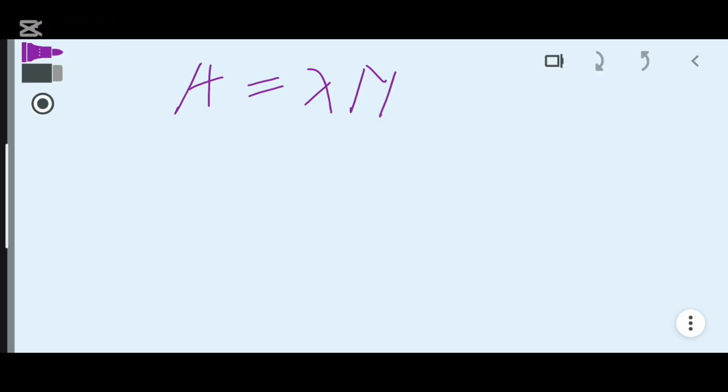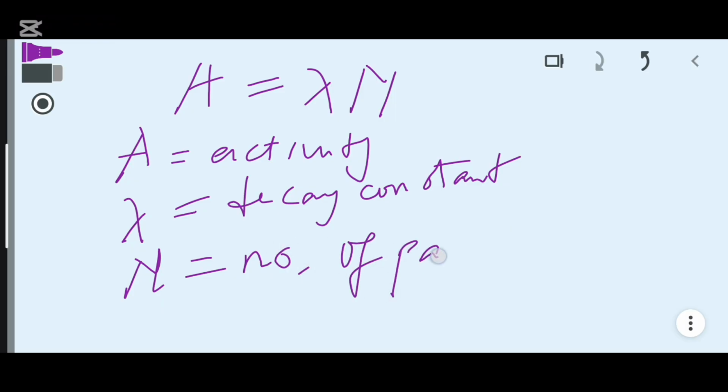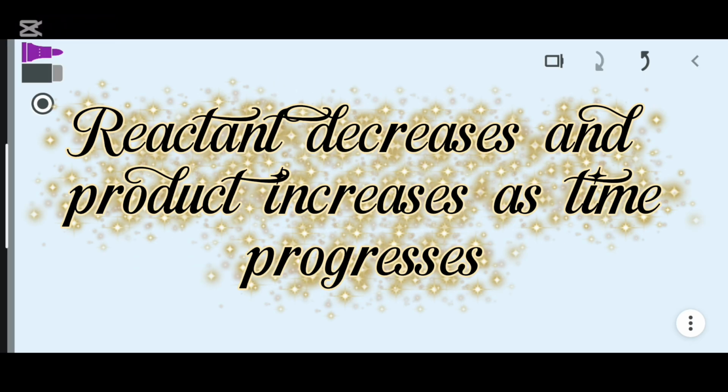So from this equation, we have that A equals activity, lambda equals decay constant, and N equals the number of particles.